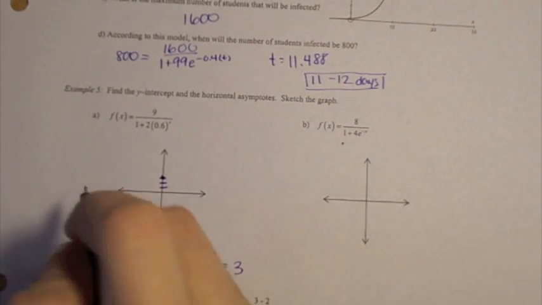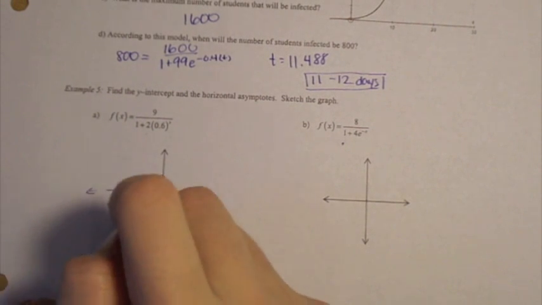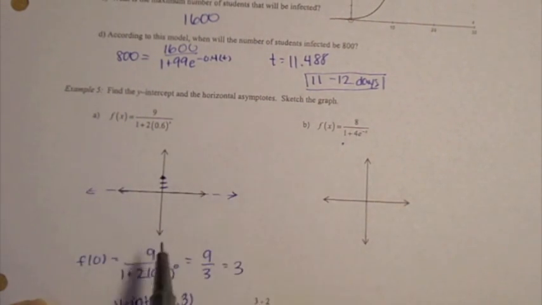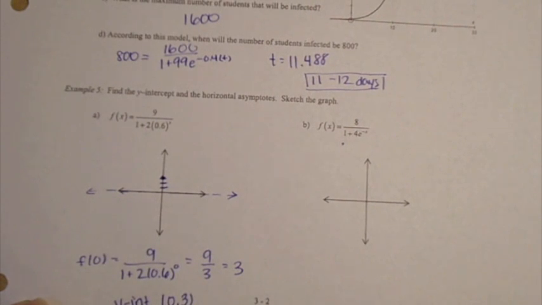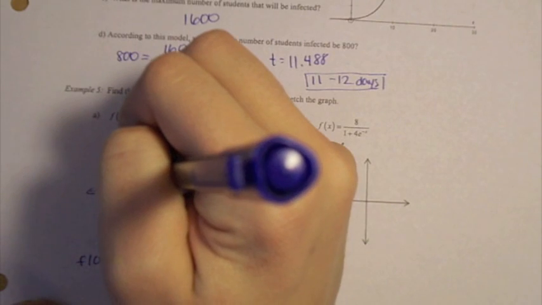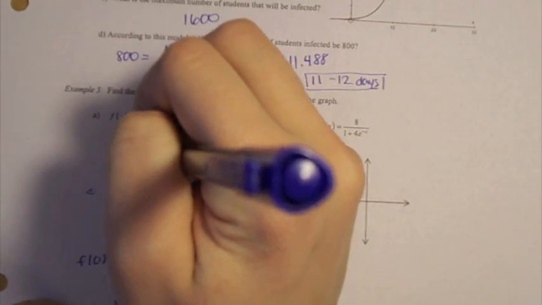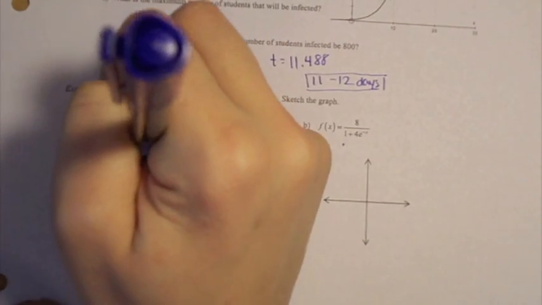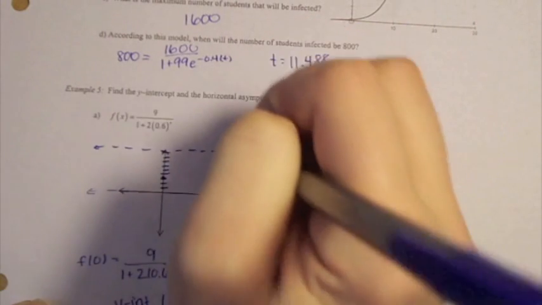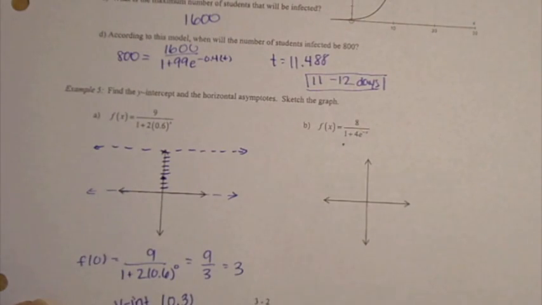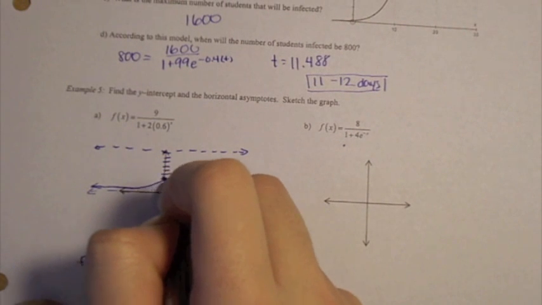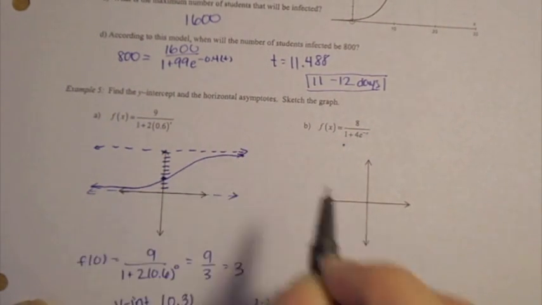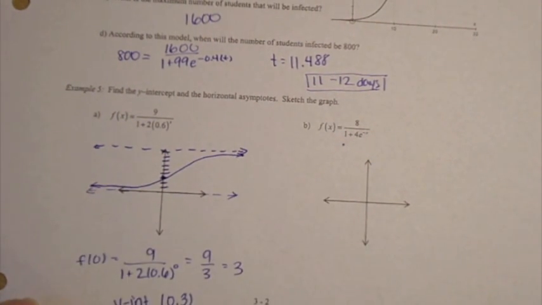Now we know we have a horizontal asymptote at y equals 0, and because our c value here is 9, we know we also have a horizontal asymptote at y equals 9, which is up here. Now our logistic function will start similar to an exponential function and then begin to level off as it approaches that second horizontal asymptote.